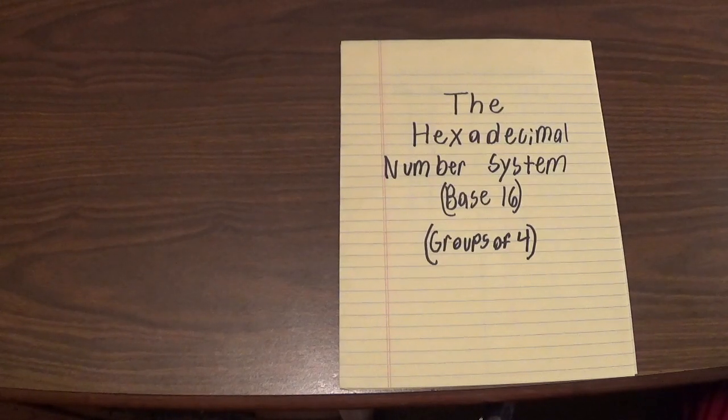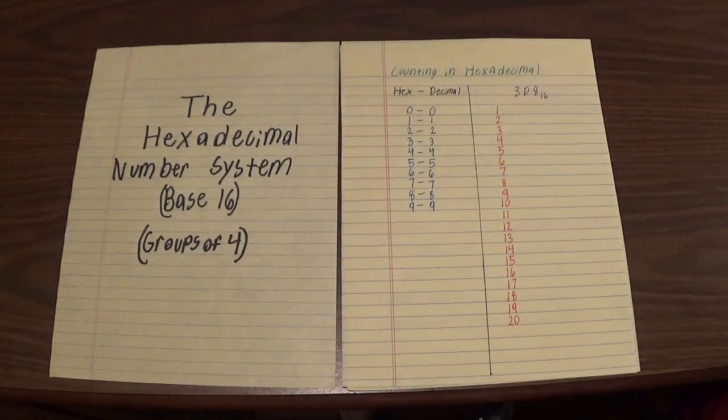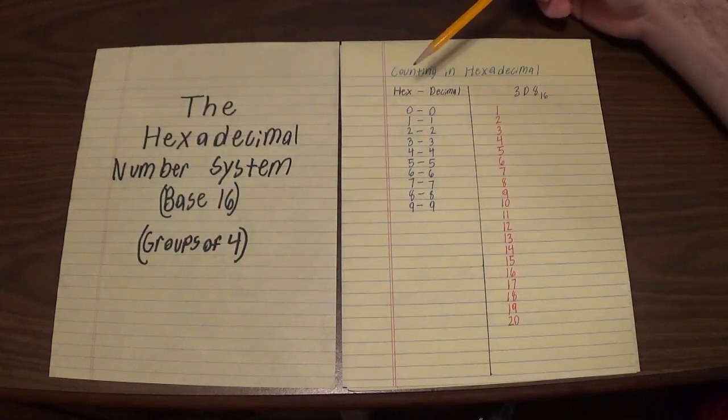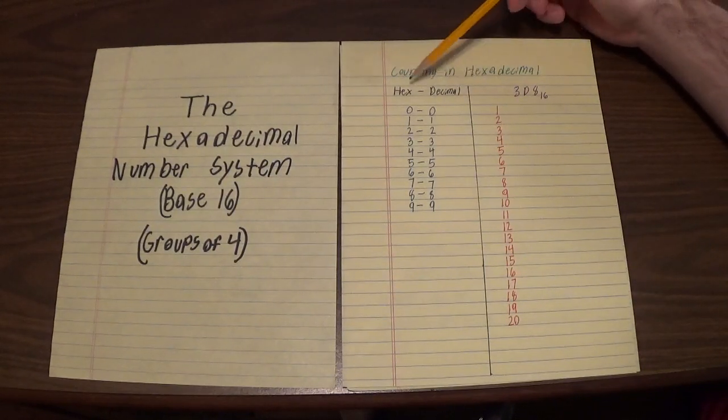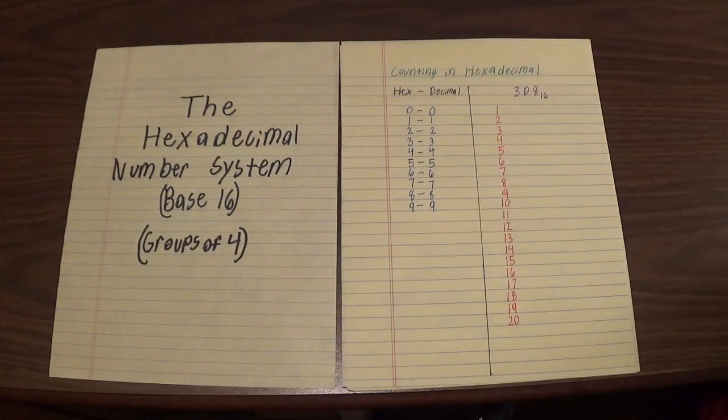Just going to focus on counting and doing conversions to binary with the hexadecimal system. Okay, so first we will look at counting. Alright, so again, to do a side-by-side comparison of hexadecimal with just a regular decimal value.